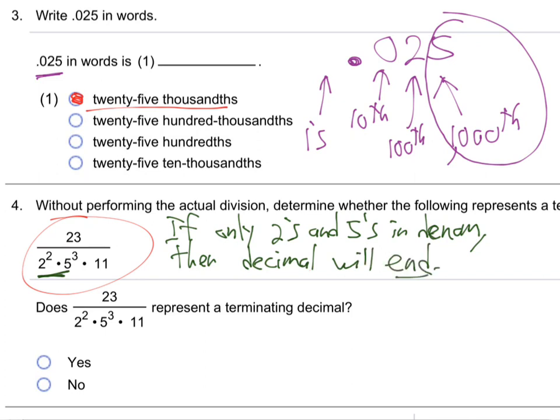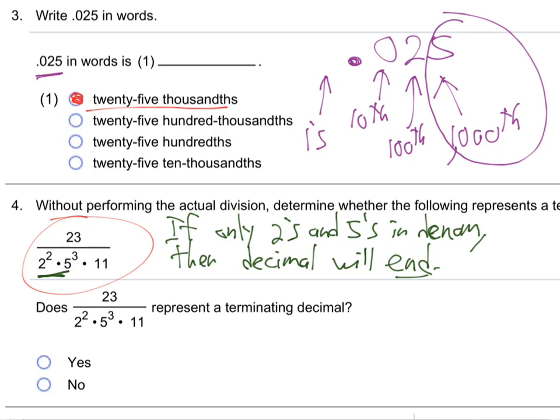If there's anything else other than 2s or 5s, like that 11, here's the problem. That's how I know this decimal will go forever, because there's an 11 down there. If anything else sneaks into the denominator other than 2s and 5s, then it's going to make the decimal go forever. You can test it out.